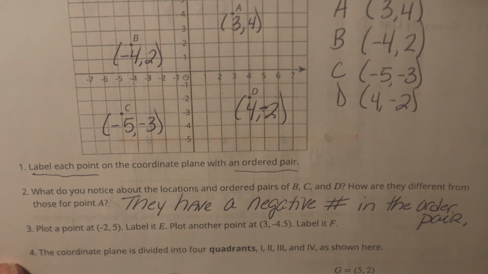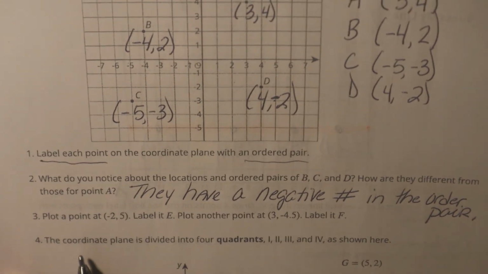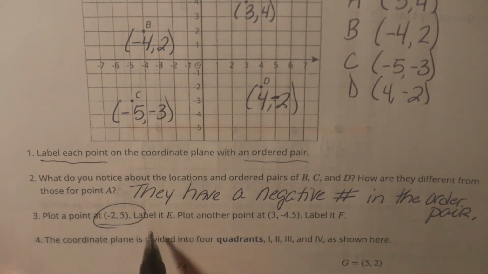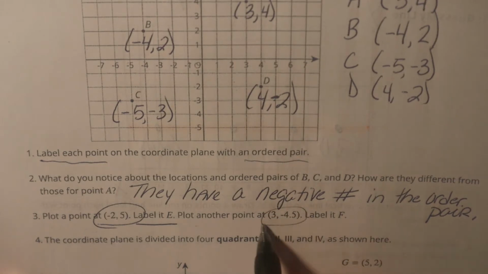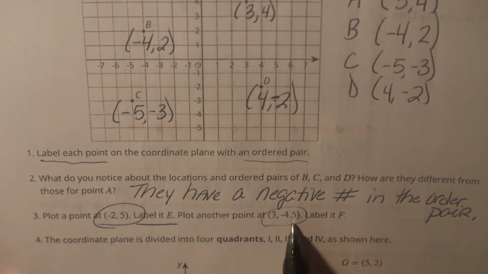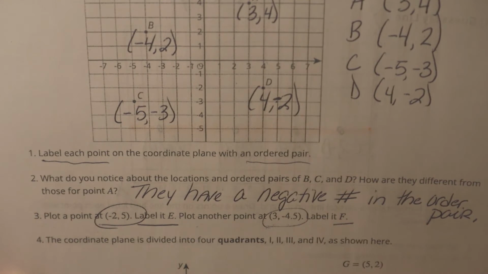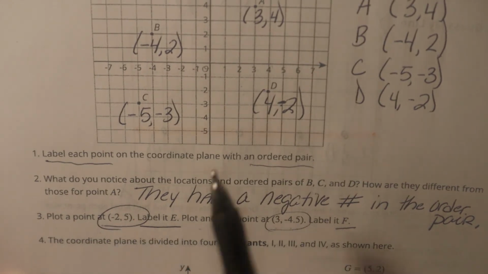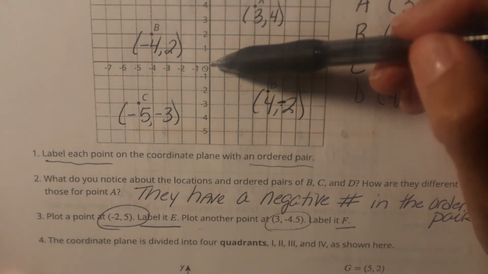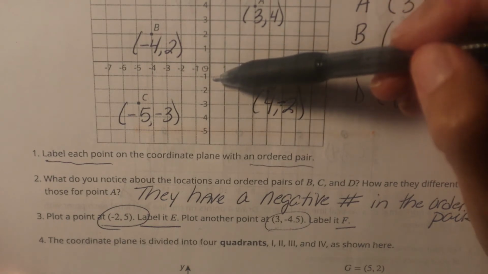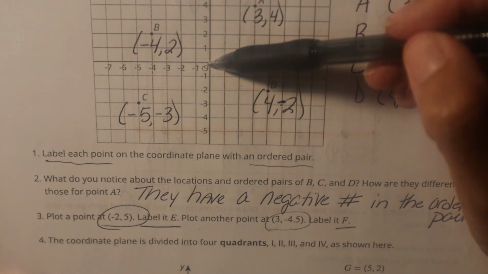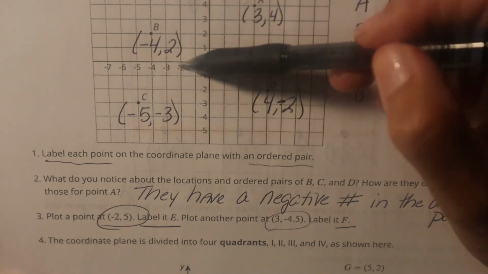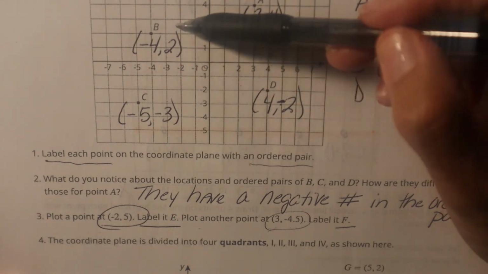What do you wonder? Moving on to number 3, it says plot a point, -2, +5, and label it E. Then it says plot another point at +3, -4.5, and label it F. So let's just go and do that. We'll start with this one. You always want to start at the 0, 0, where the 2 axes intersect. So we're here at 0. I'm going to go over -2 and then up +5. 1, 2, 3, 4, 5.